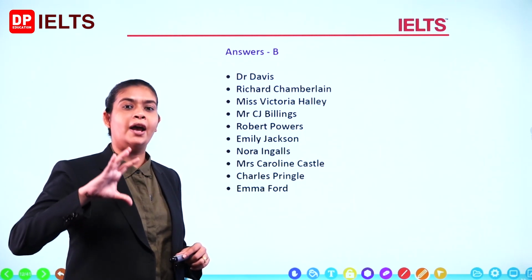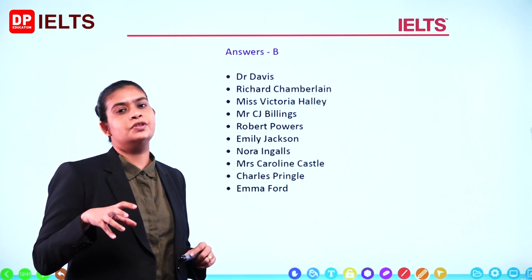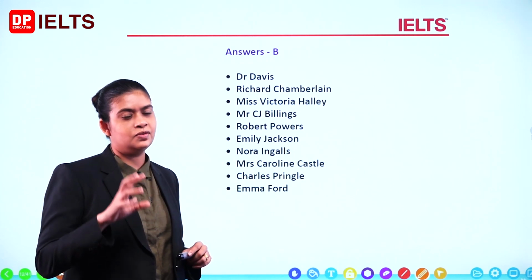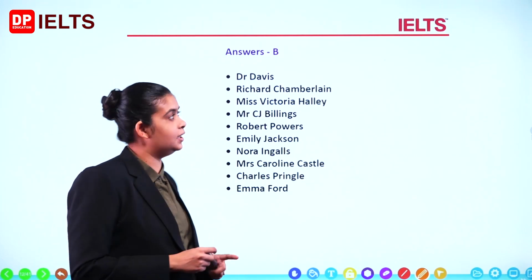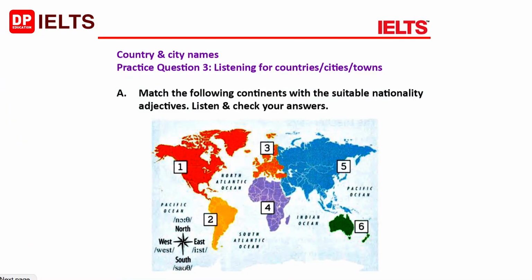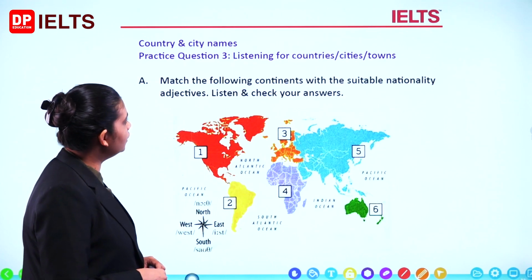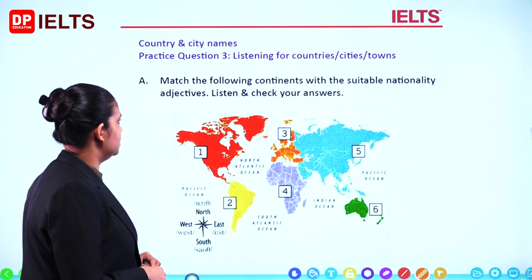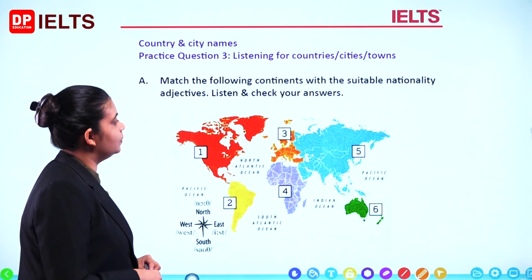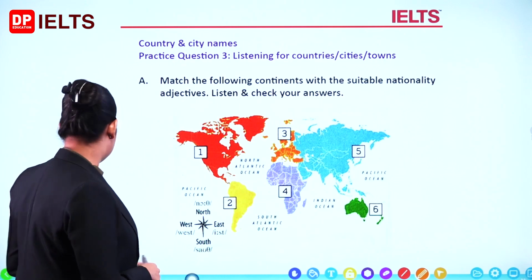That's why at the start, I introduced you to the alphabet, the sounds and how they pronounce it, and then got into names, right? Okay, so we're going to have a look at country and city names, listening to those, right? Match the following continents with the suitable nationality adjectives, right? Then we can listen and check the answers.